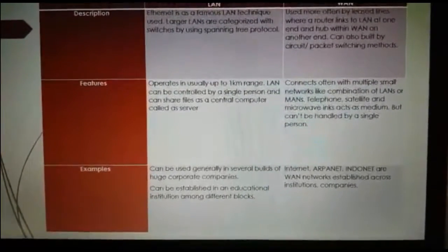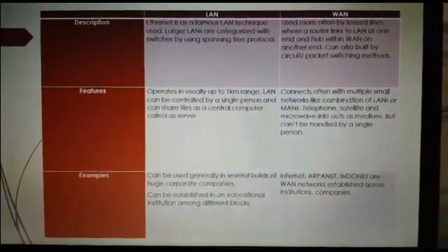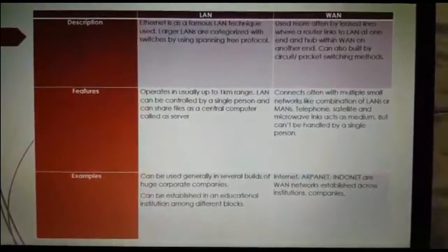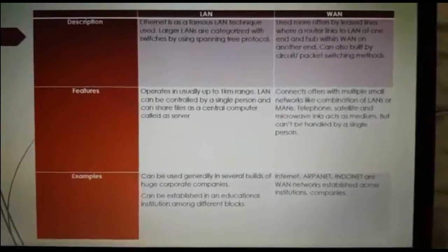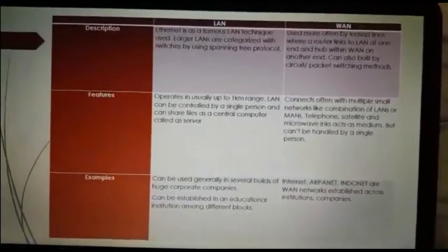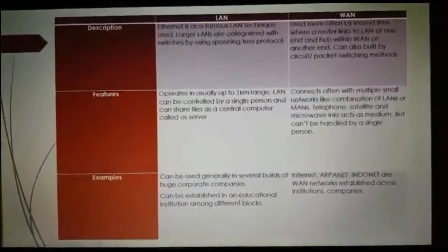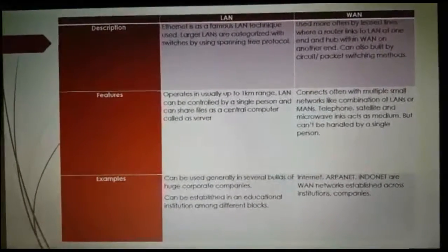Also, a LAN operates within 1 kilometer of range, while a WAN operates with the combination of LANs and MANs. The medium of the network is telephone links, satellite links and microwave links in the WAN, while in the LAN the server acts as a medium.